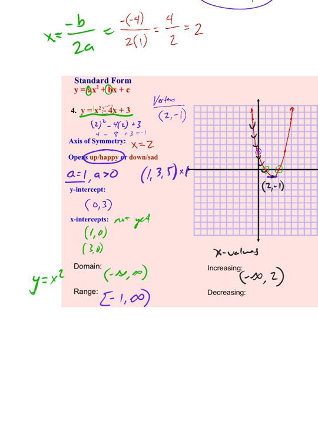Oh, sorry, I wrote that on the wrong one. So this would be here. And then on the increasing side, that doesn't start until just after 2, and it goes on to infinity. So the increasing is 2 to infinity, but not including 2. And the decreasing is -infinity up to 2. And again, not including 2, since that's the point where it's technically not going up or down.